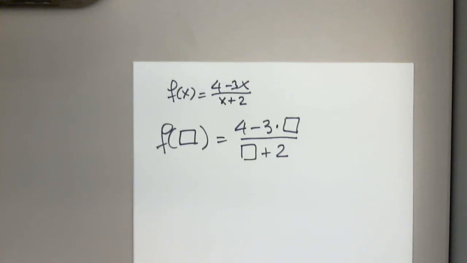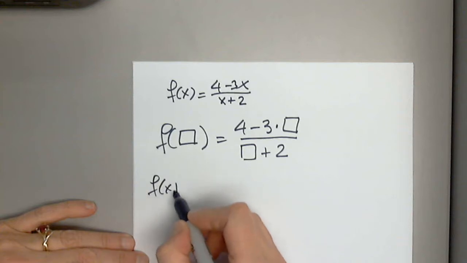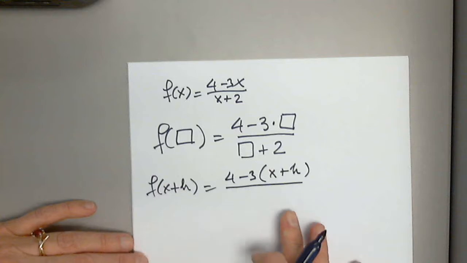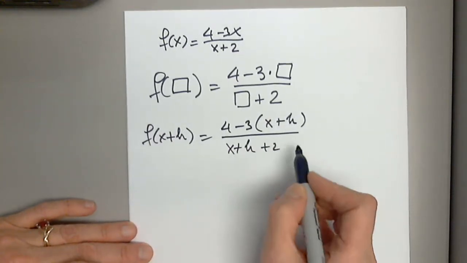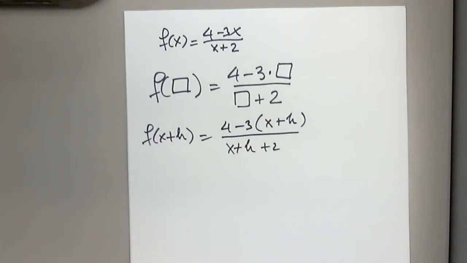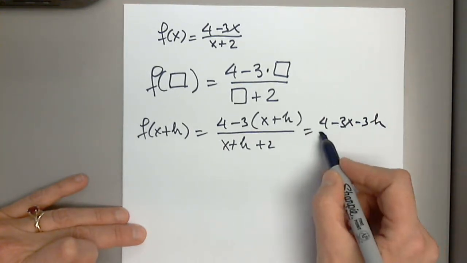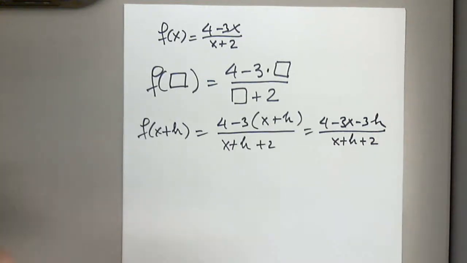So f of blah equals 4 minus 3 times blah over blah plus 2. If blah is x plus h, then I have x plus h, and I have x plus h. This is what the function is telling us. So then f of x plus h will be 4 minus 3 parentheses x plus h divided by x plus h plus 2.